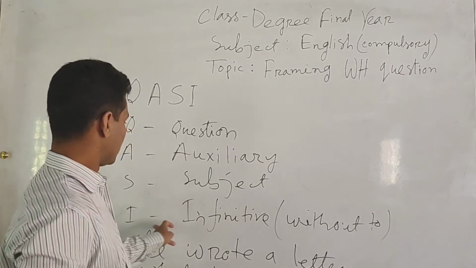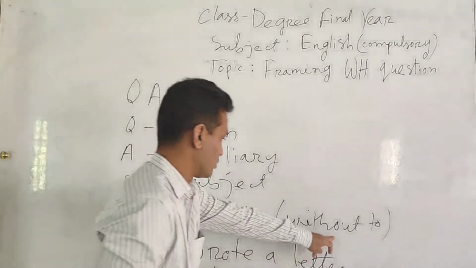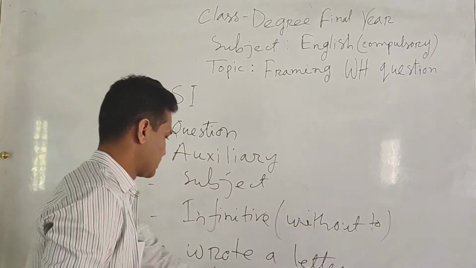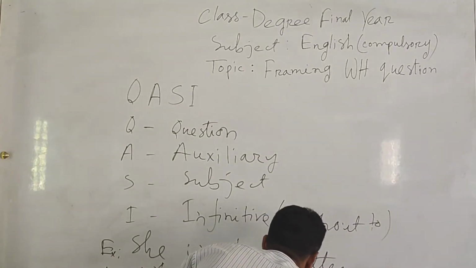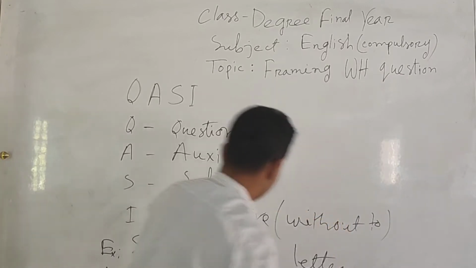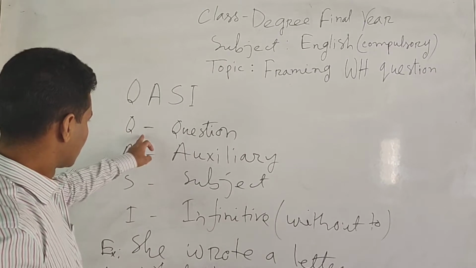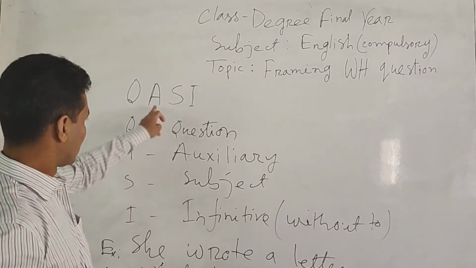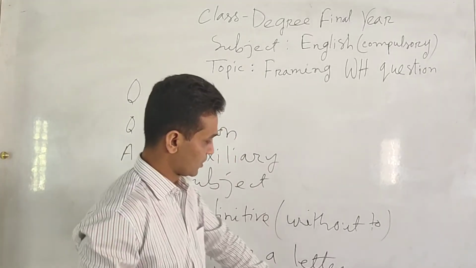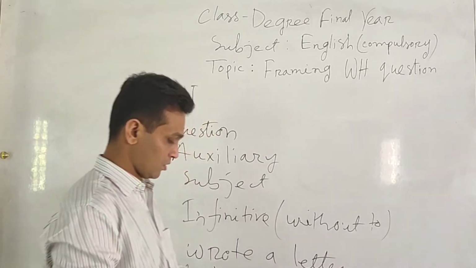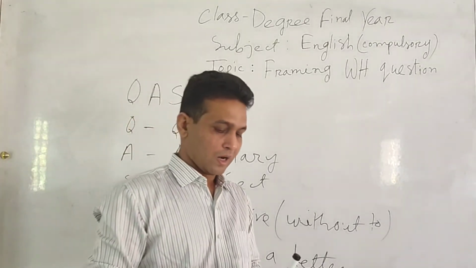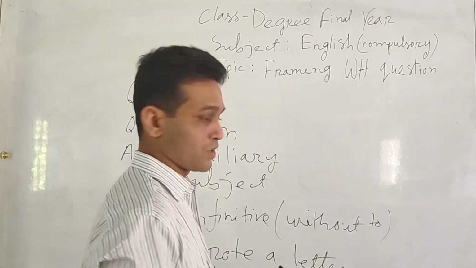Next one, infinitive or verb without to. What did she write? This is the answer. So question, WH word; auxiliary verb did; subject she; and infinitive without to, write. Using this method you can frame WH question so easily.